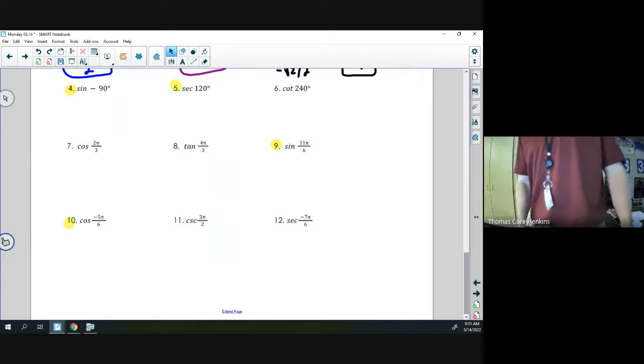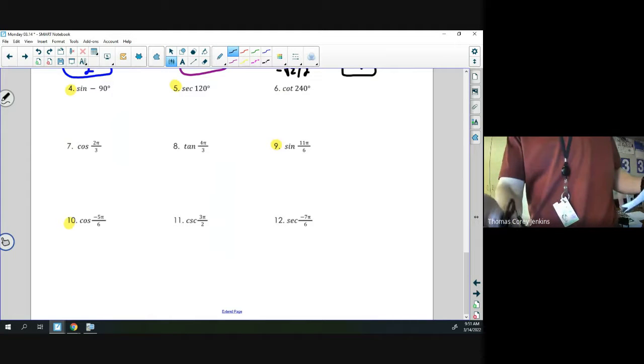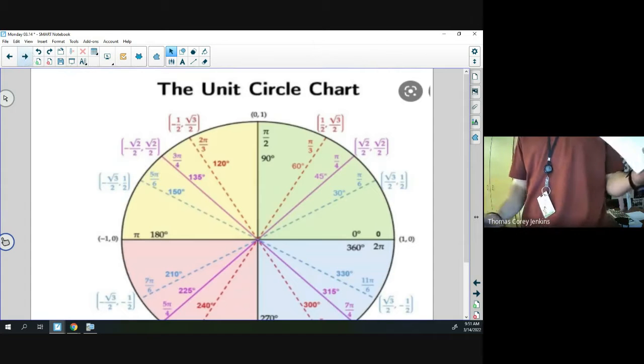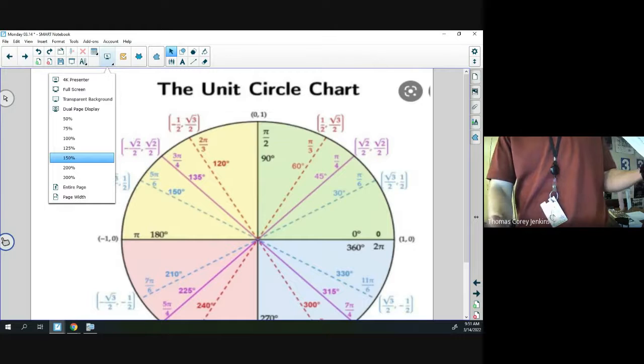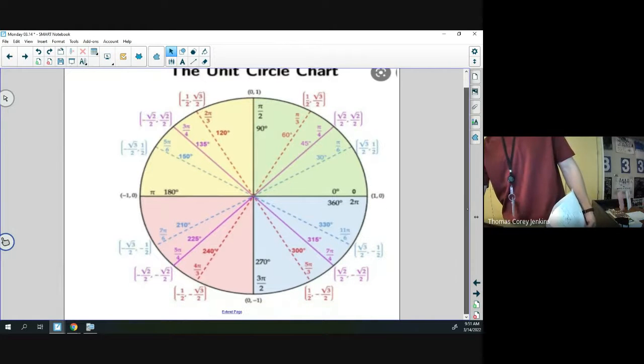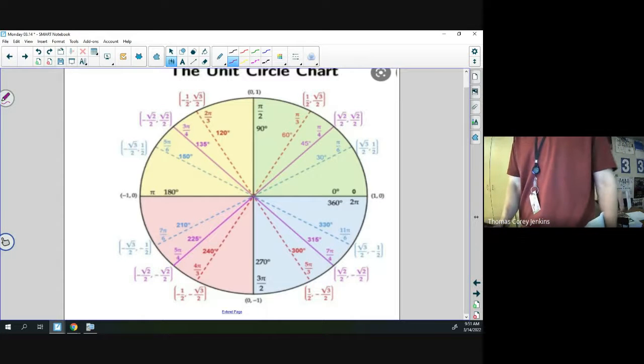All right, so what if we look at number 4? What if we go negative 90? First of all, sine, we want the y value for negative 90. Here's where we have to use that knowledge from Thursday, because there's no negative 90 on there. Can anybody tell me what angle we would be looking for here? 270.